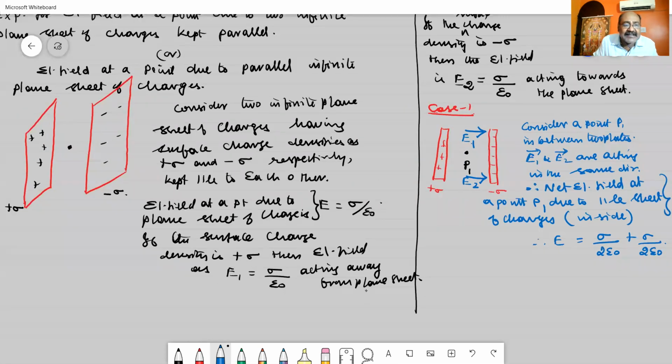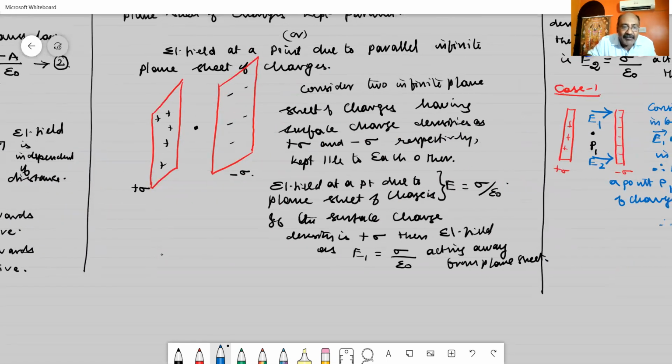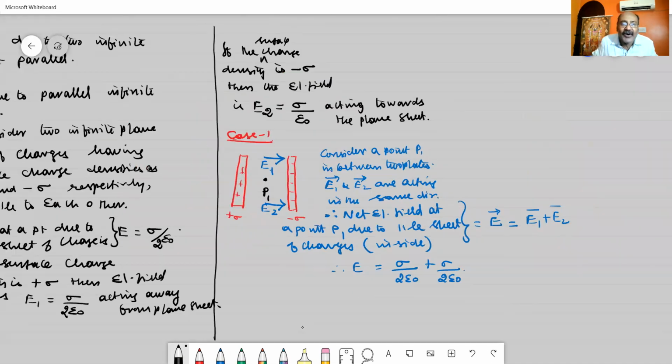See, when you are considering an electrical field at a point due to a plane sheet of charges, it is given by sigma divided by 2 epsilon 0. E1 is also sigma divided by 2 epsilon 0. And here also, if the surface charge density is minus sigma, E2 is equal to sigma divided by 2 epsilon 0.